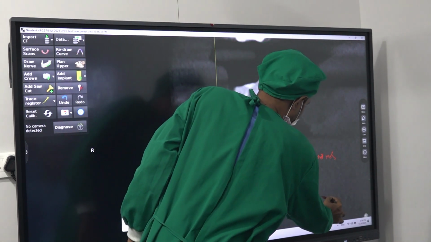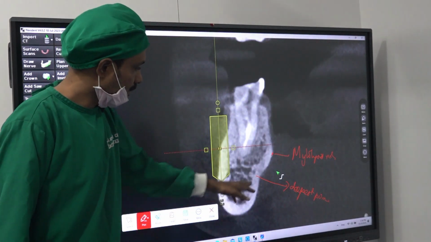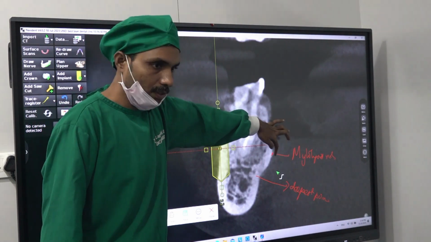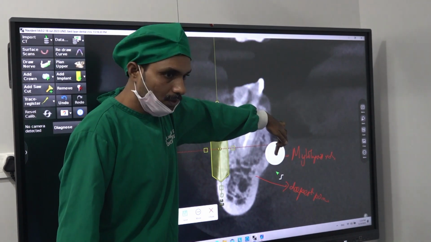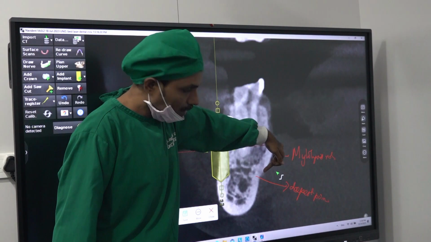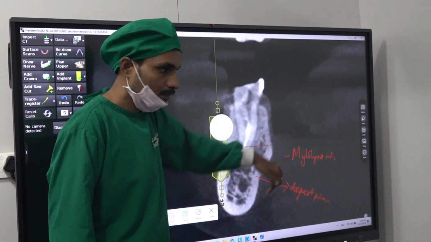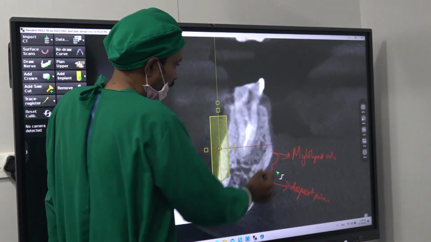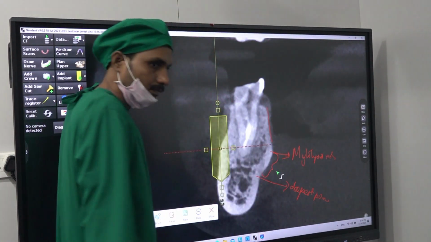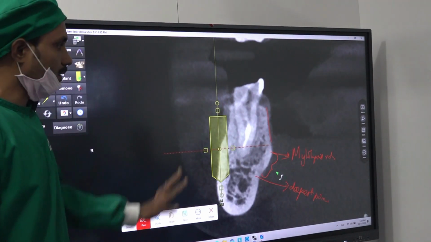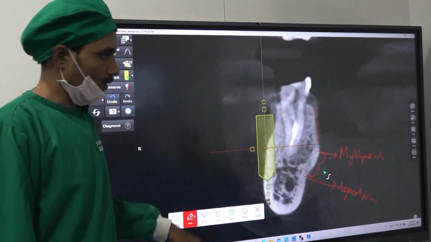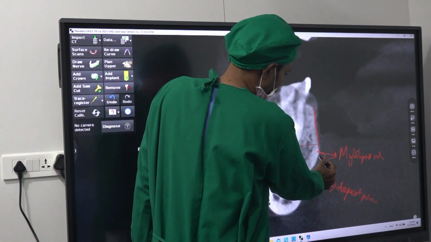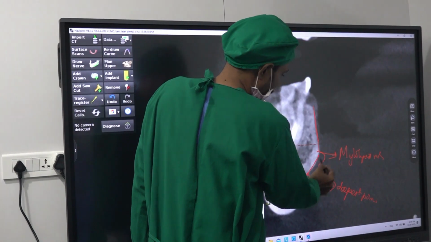This is the deepest point. This you can feel with your finger, this mylohyoid ridge. If you keep the finger, you will feel it. Then slide your finger down this slope. This part. And this is the lingual wall. So this is the standard anatomy on the first molar, second molar. This is the mylohyoid ridge, this is the lingual wall, and this is the fossa.